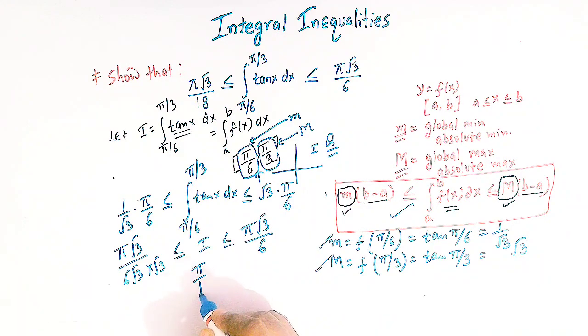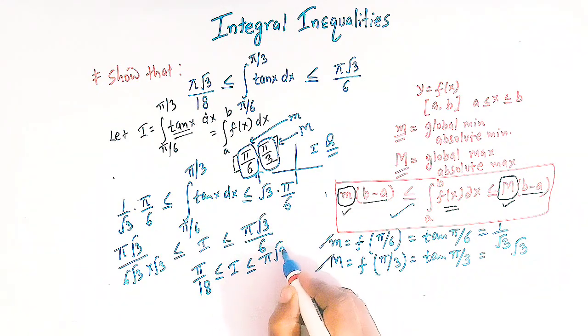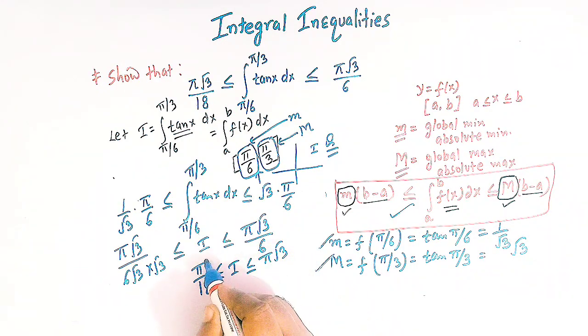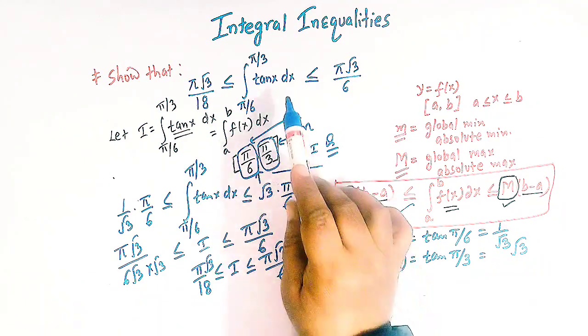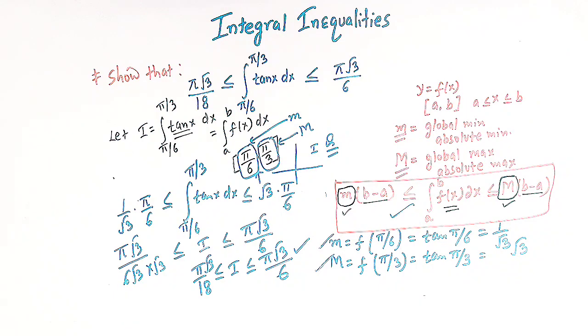So we have pi root 3 over 18 is less than or equal to I, which is less than or equal to pi root 3 over 6, right? And this is our desired inequality, right?